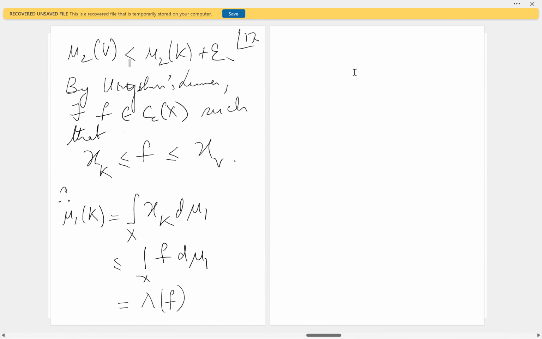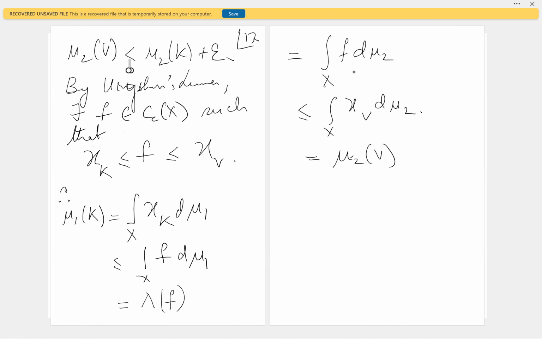That's also equal to the integral with respect to d mu2, and that's less than or equal to mu2(V), which we have shown is less than the bound at the top of page 17 there.